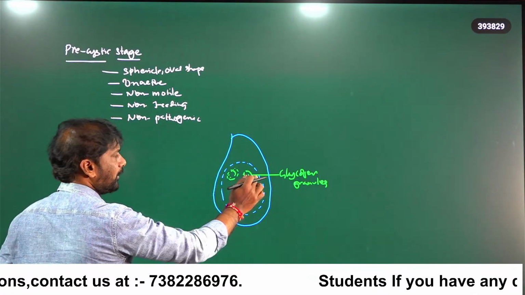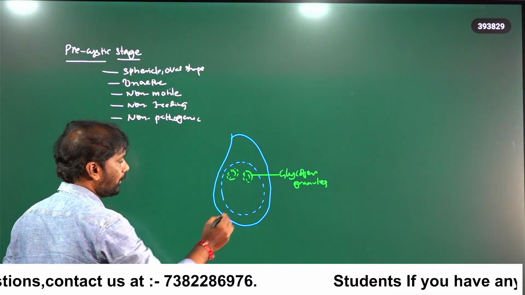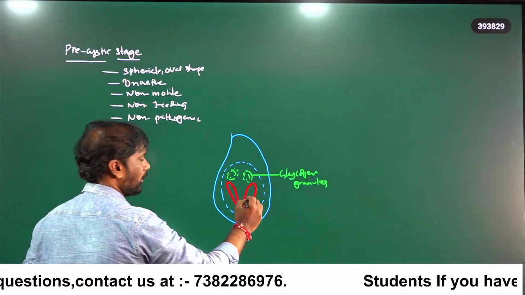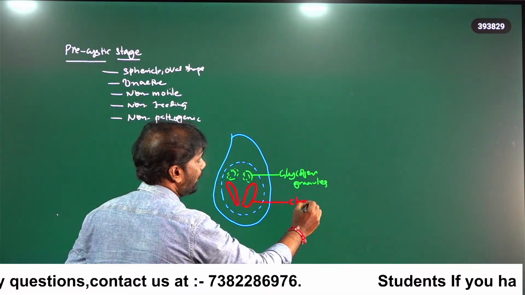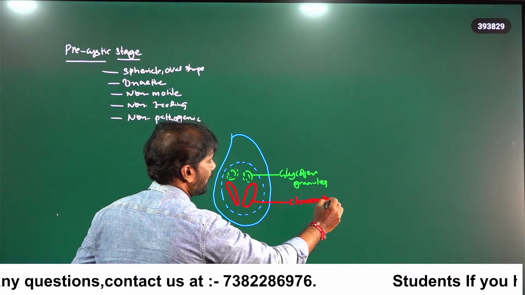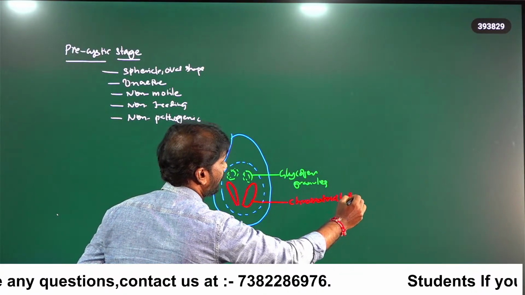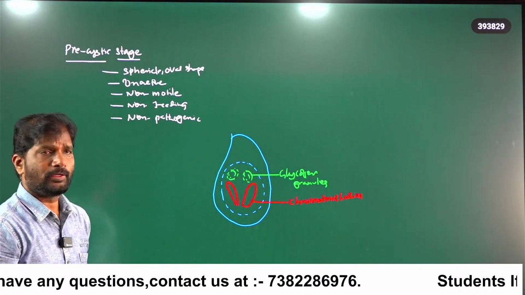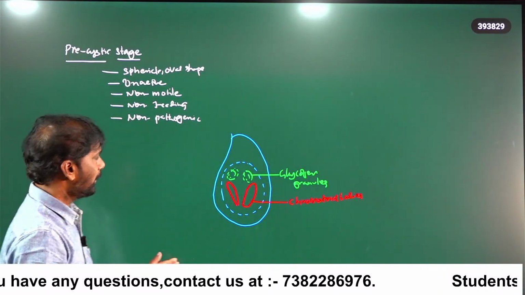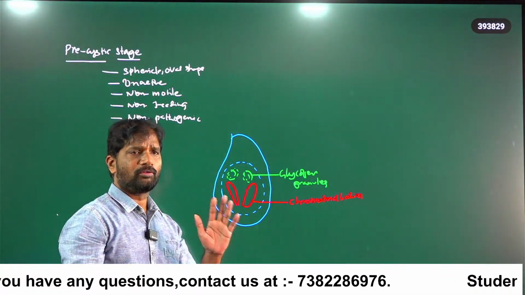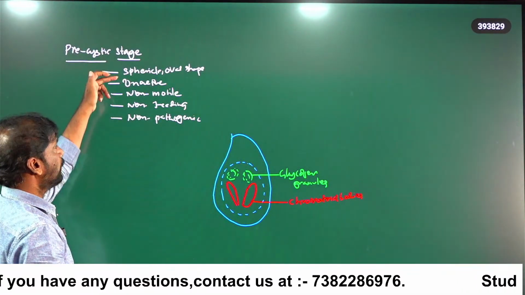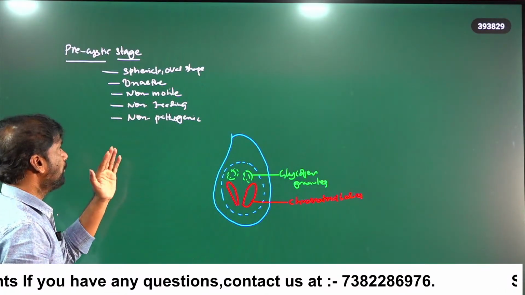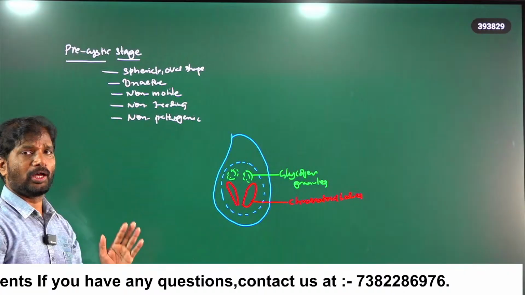And apart from the glycogen granules, it also includes chromatoid bodies. So these are known as the chromatoid bodies. The chromatoid bodies are present, as well as the glycogen granules, and it is spherical or oval in shape, inactive, non-motile, non-feeding and non-pathogenic.